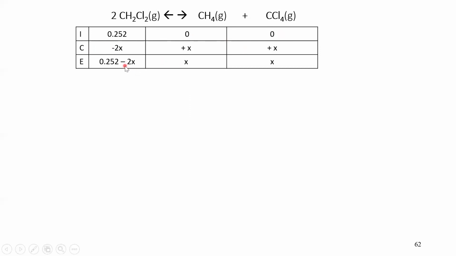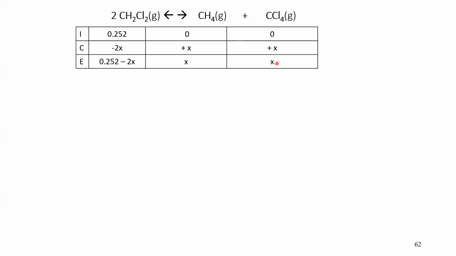So at equilibrium, we have 0.252 minus 2x, X, and X. So from there, we want to write a K expression. Okay, write your K expression and then match it up with what I put up there.